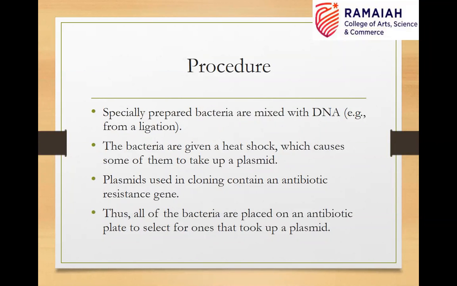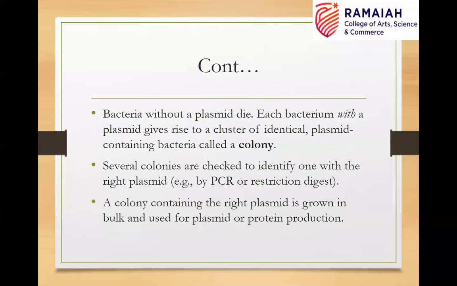So we have to choose the right method of selection in order to specifically select the cells containing recombinant plasmid. The bacteria without a plasmid, that means non-transformed cells, will die because they may not exhibit resistance to the antibiotic on the plate.